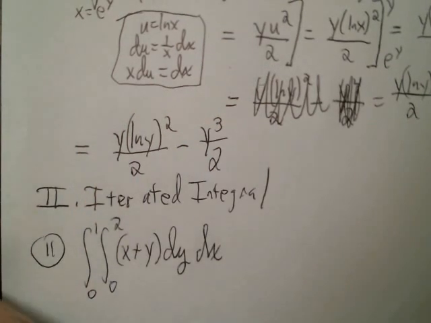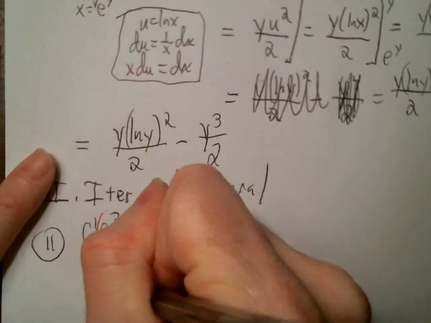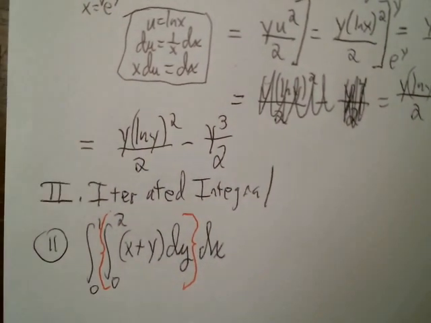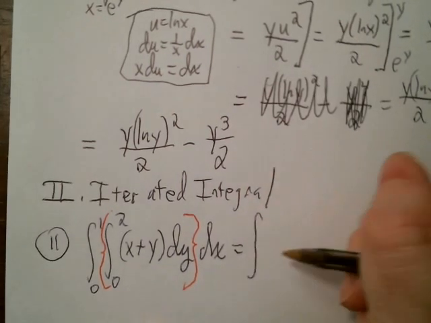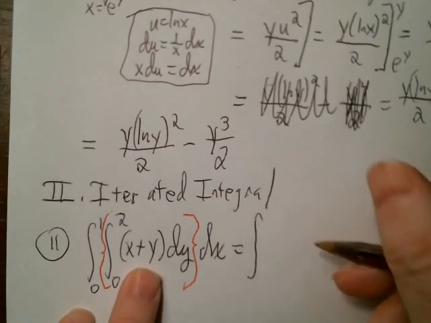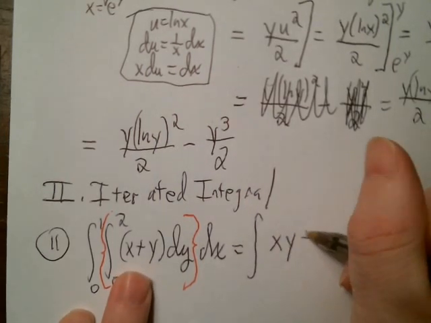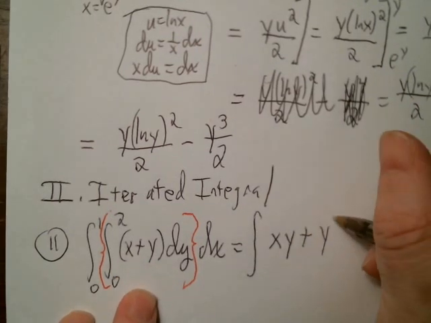Okay, so as promised, we have to do this portion first. So what does that equal then? It's the integral of this thing integrated with respect to y. So x is a constant, so that'll end up being xy, and then plus y squared over 2, right?